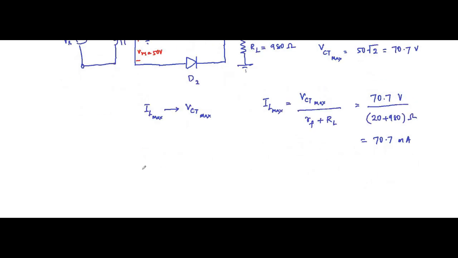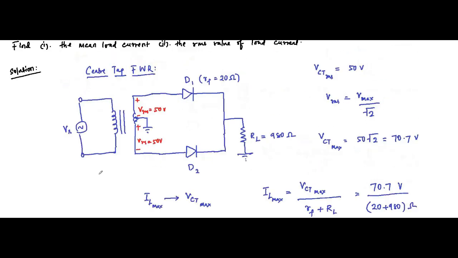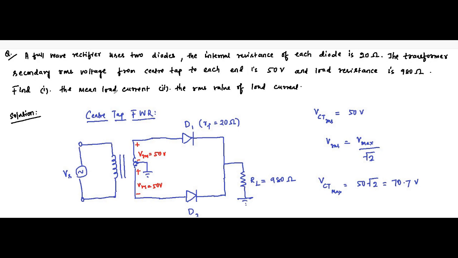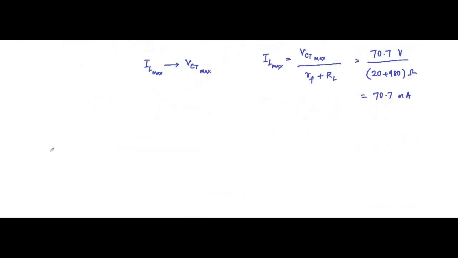Now we know here it has been asked to find the mean load current. Okay, so don't get confused. Mean current is same as average current is same as the DC value of load current.